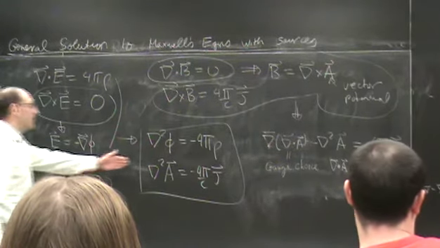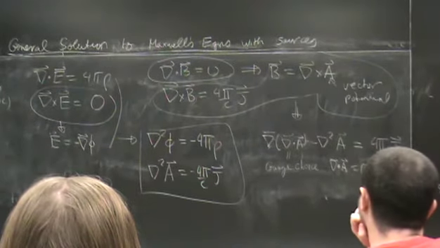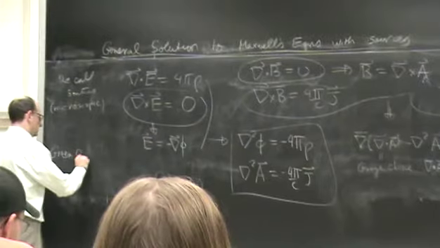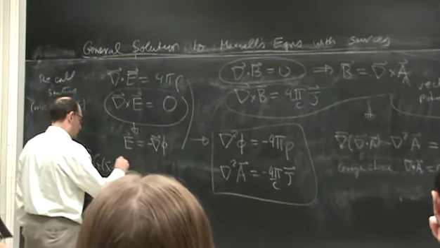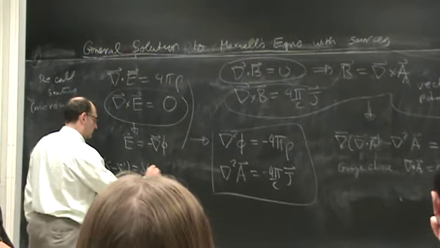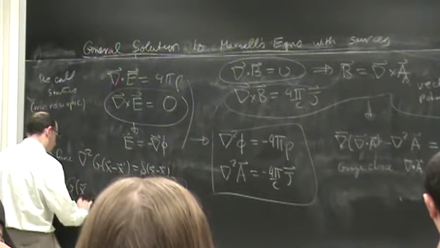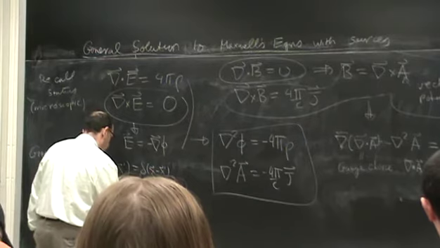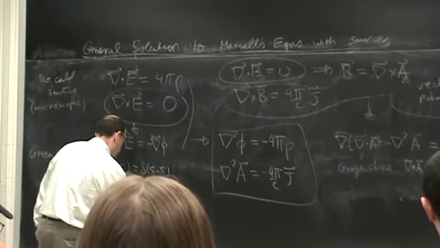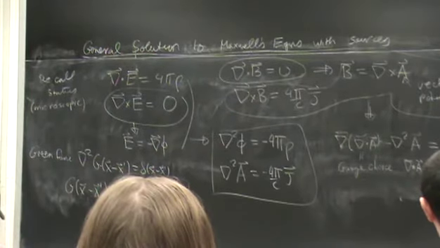So we had the Green's function for the Poisson equation. And we found that some months ago now, and that was equal to minus 1 over 4 pi times 1 over the magnitude of x minus x prime.